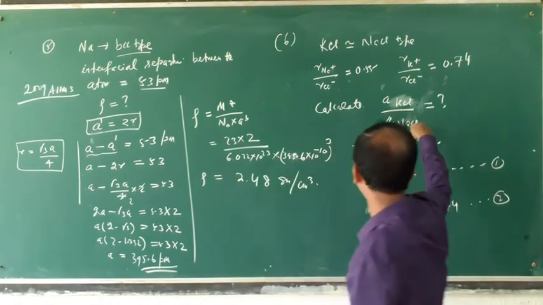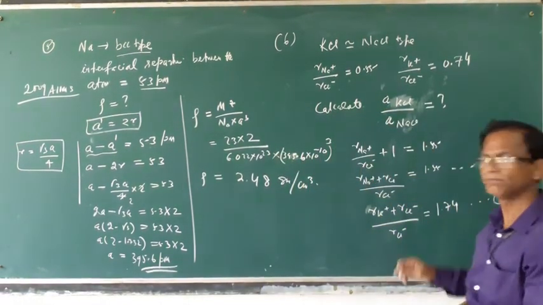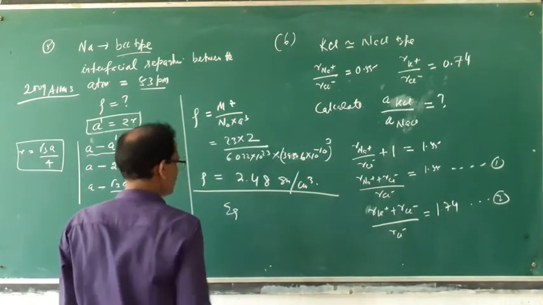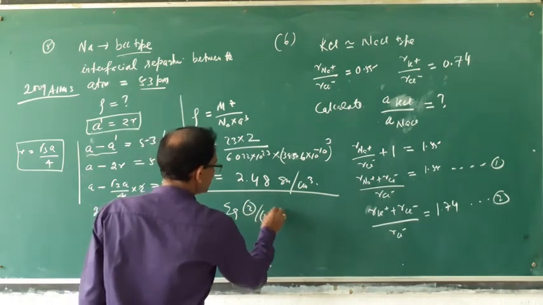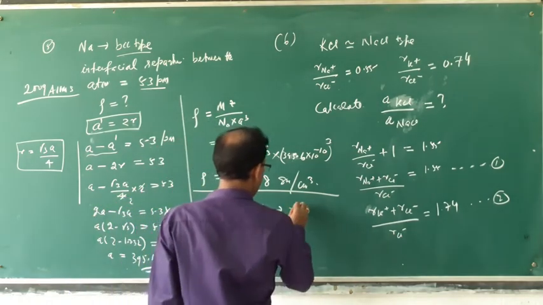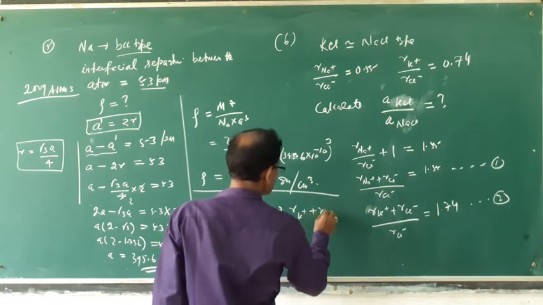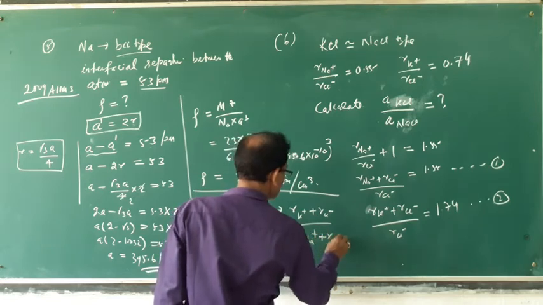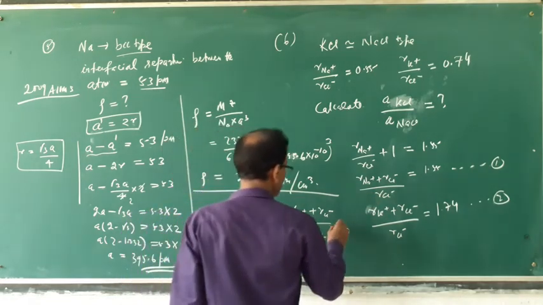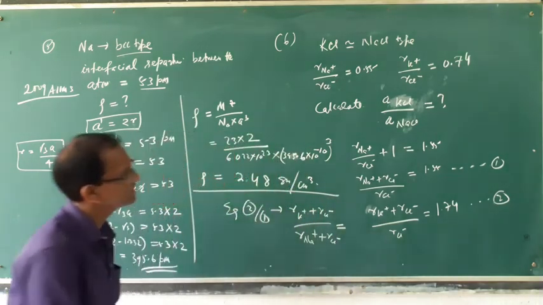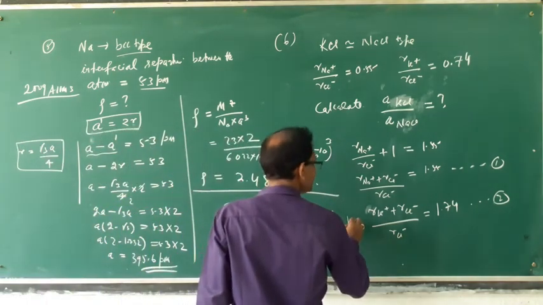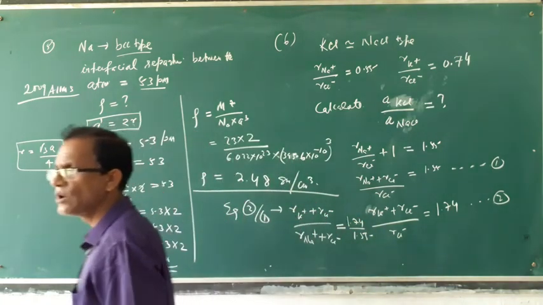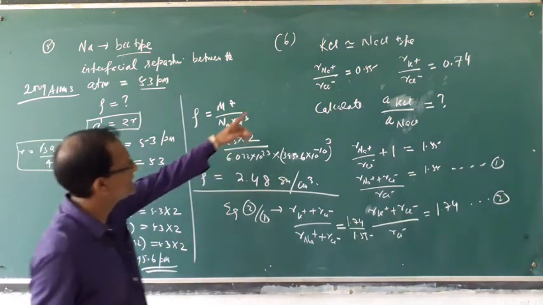As question is KCl by NaCl, you take equation 2 by equation 1. What is this? That means R K plus plus R Cl minus by R Na plus plus R Cl minus, because Cl minus cancels, is equal to 1.74 by 1.55. But we know what is the edge length relation between KCl and NaCl.